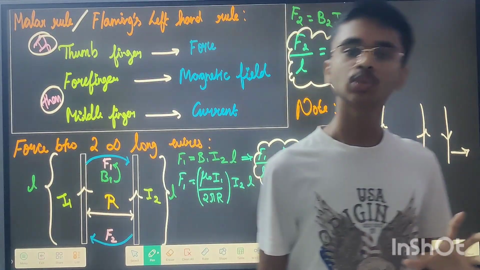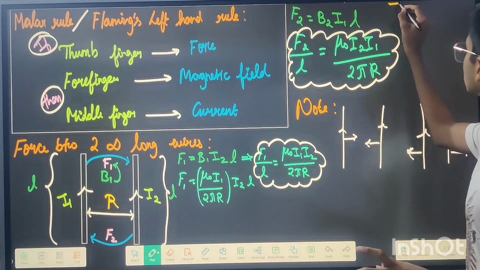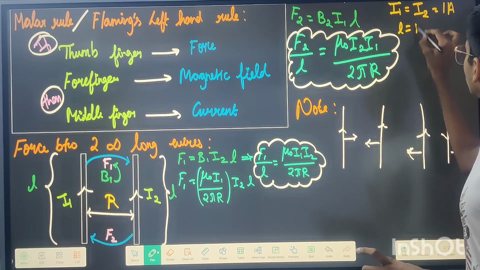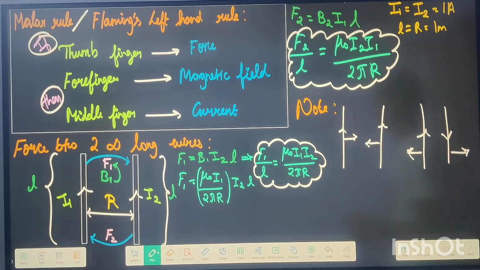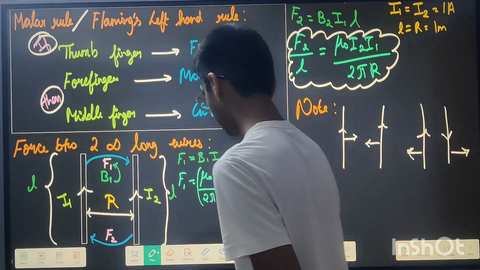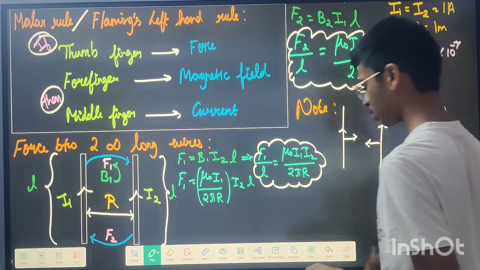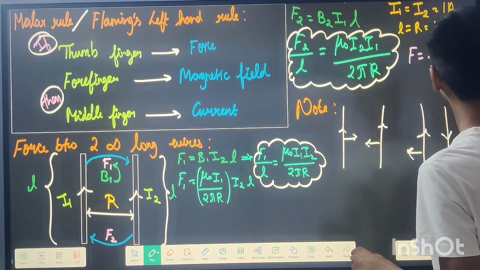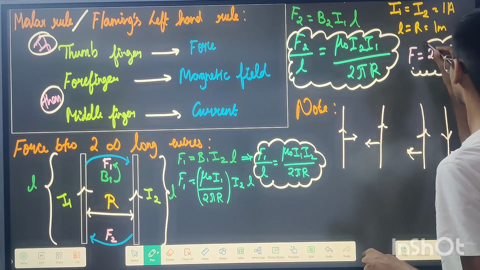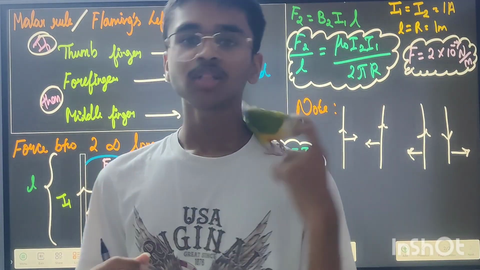Now we are going to calculate one value where current I1 is equal to I2, which is equal to 1 ampere, then L is equal to R, which is equal to 1 meter. Okay, then in that case force is going to be 2 into 10 to the power of minus 7 Newton per meter.